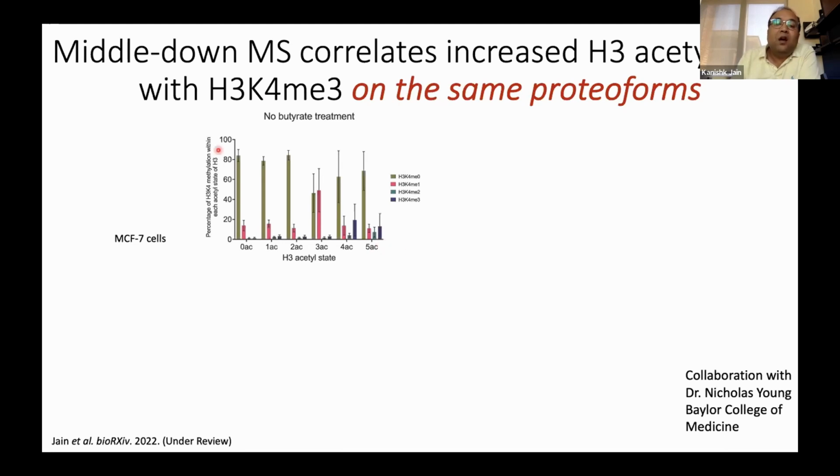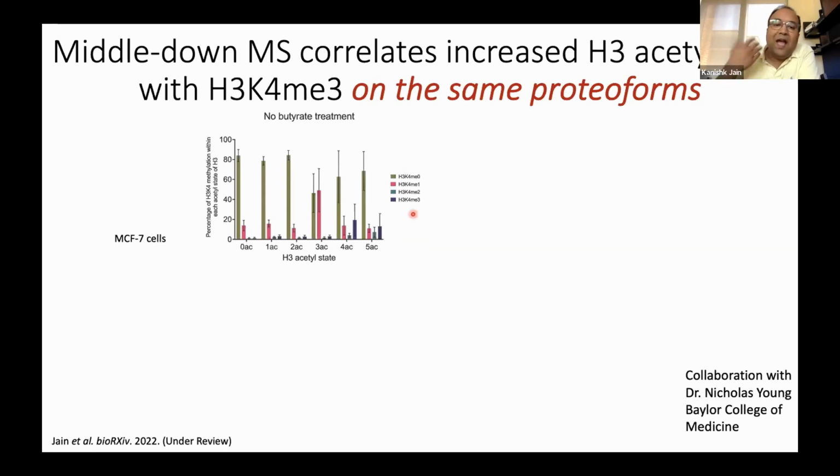And in untreated cells, it's hard to say whether there's a difference between the high-ordered acetylation and the high-ordered methylation states correlating together, just because in untreated cells, there is very low levels of highly methylated H3K4 in general.